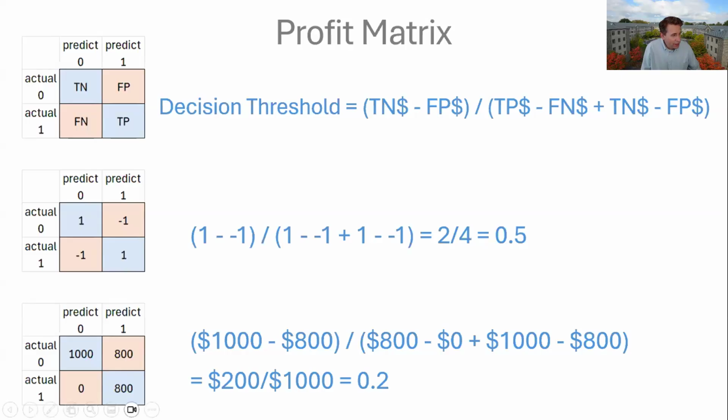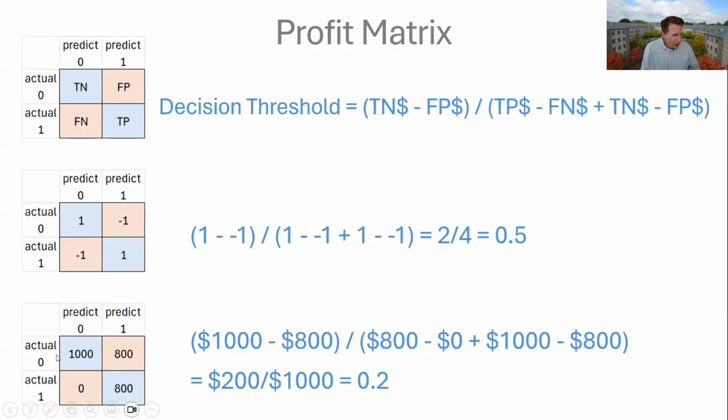And so here I have filled in the dollar amounts for the profit matrix, based on some assumptions about a generalized churn problem. Let's assume that if someone does not churn, they have a value of 0. If someone does churn, they have a value of 1.